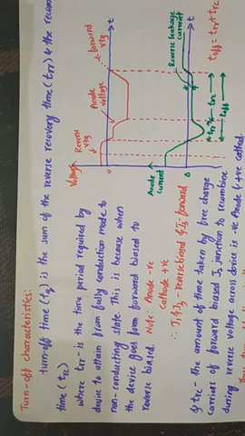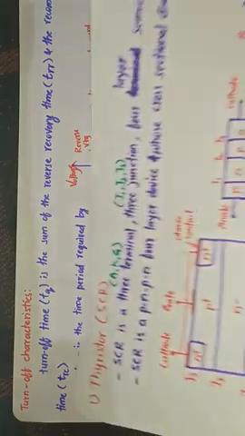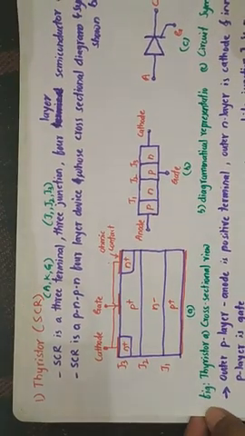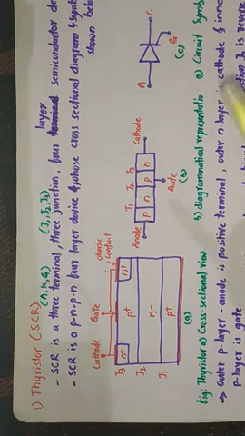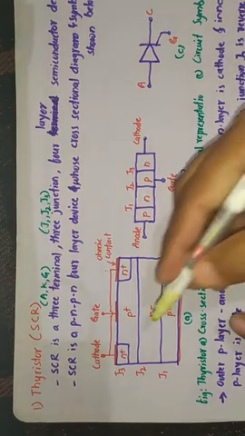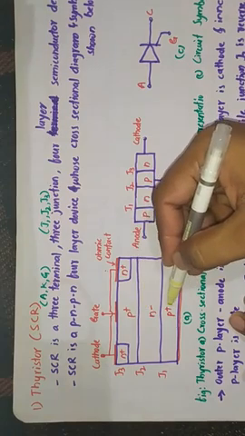How will the device be in the off state? This happens if we apply a sudden reverse voltage across the device, which sweeps all the majority charge carriers from the outer p and n layers, and current flows in the reverse direction. If you look into the device, this is a thyristor, and as you can see, the outer p layer and n layer.